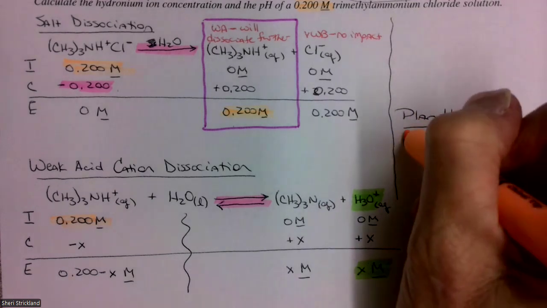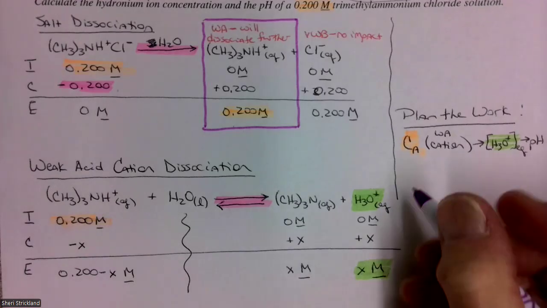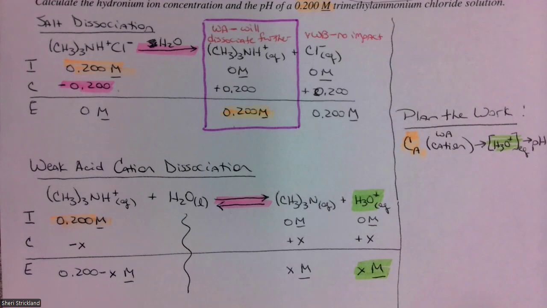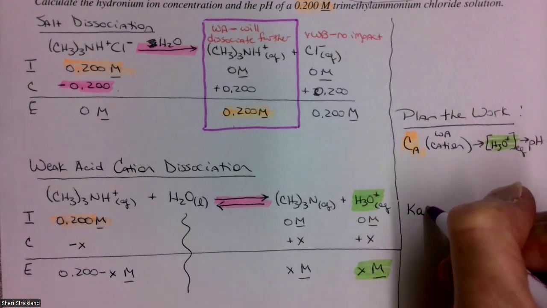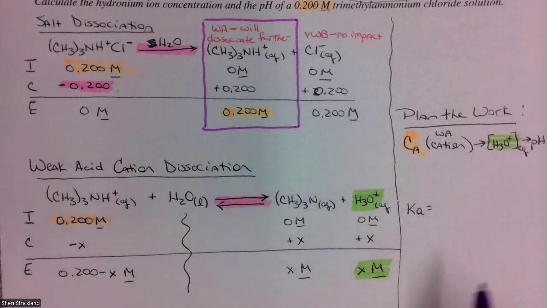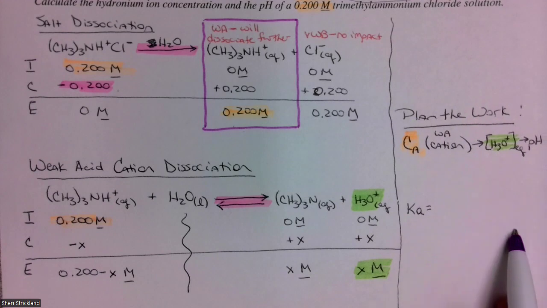And let's make this guy orange just to be complete. Okay, so where are we? Well, I think we need the equilibrium constant expression. Okay, so here's the equilibrium constant equation. I want you to write the equilibrium constant expression and then come on back.